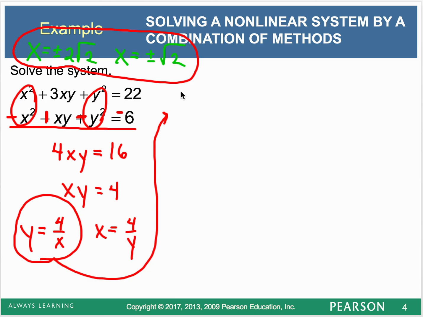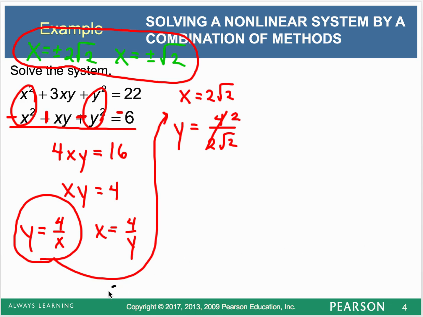All right, so if x is 2 square roots of 2, then using this, we have y is 4 over 2 square roots of 2, or 2 over square root of 2. Okay, so there's one solution.